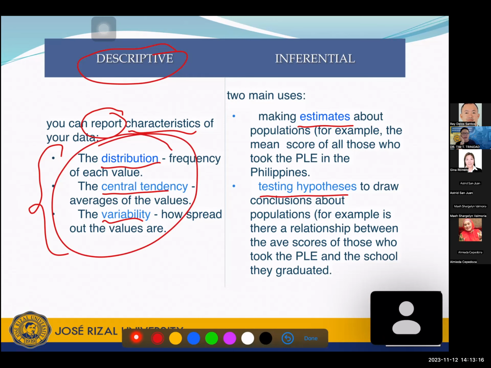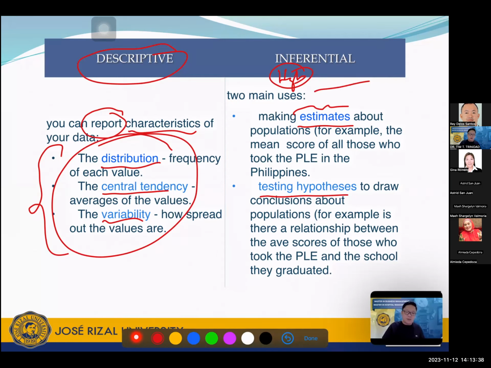Estimate and hypothesis. So you provide me with information about estimates of your data, or you test the hypothesis. So meaning to say yung estimates, di ba yung hemoglobin level, tinignan natin doon sa class ninyo, can you give me the estimates, at least an average estimate of the hemoglobin level of your class? So bibigyan mo ako ng estimates.